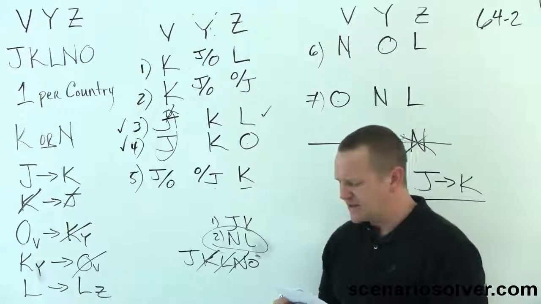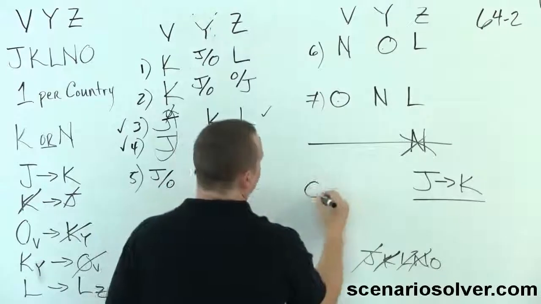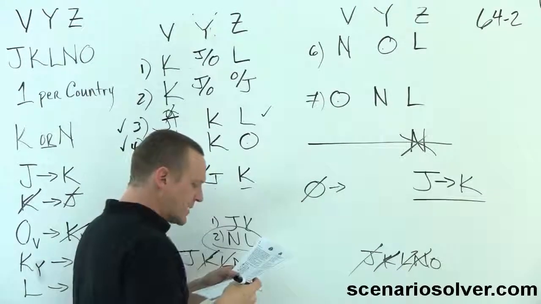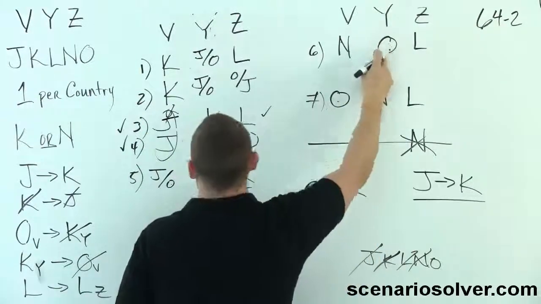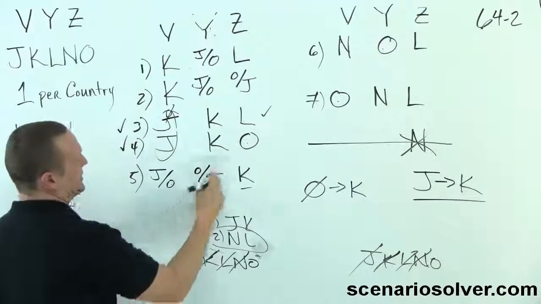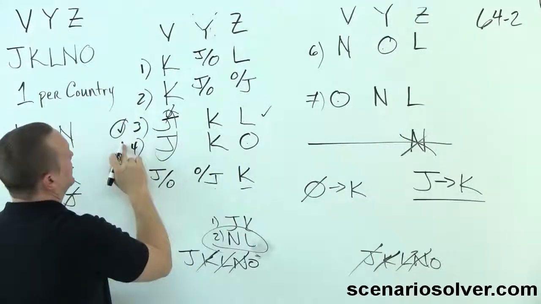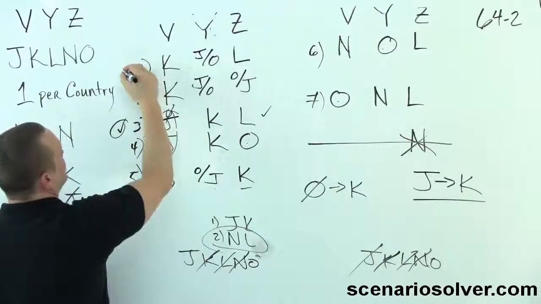Let's look at C. If O is not assigned to an ambassadorship, then K is, okay? Well, here O is assigned. O would have to be assigned here and here. 3 is the only place so far that O isn't assigned, and O could also not be assigned here also.